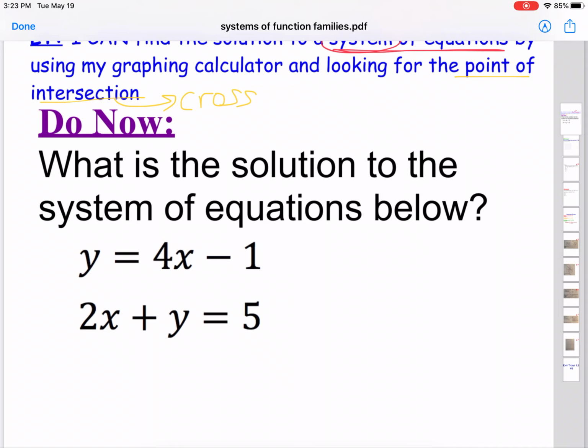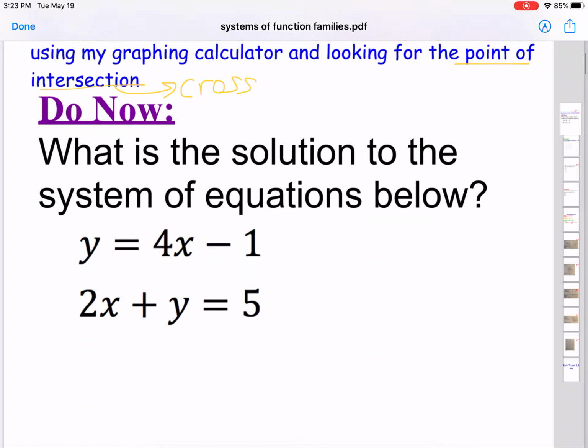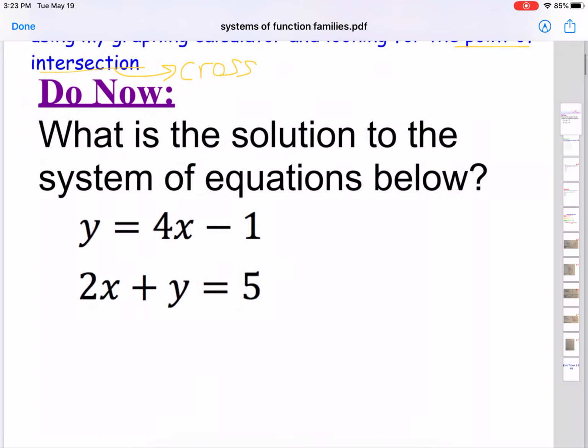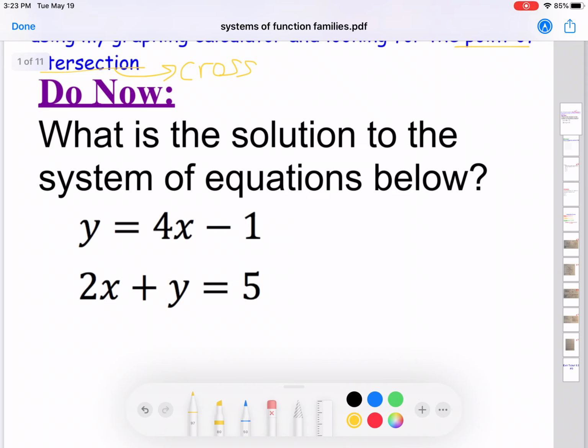So the question says, what is the solution to the system of equations below? So we are given two functions here. Now we know first of all that in order to graph functions, we need them to be in the form y equals whatever else. So I see that our first equation is already in y equals, but our second equation is not.